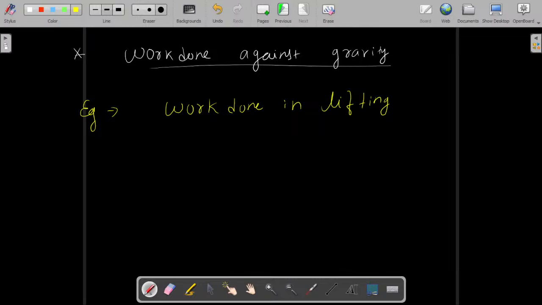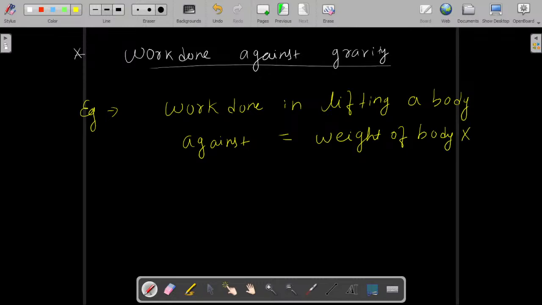Work done in lifting a body against gravity is equal to weight of body multiplied by vertical height. Weight of body into vertical height is the work done in lifting a body.